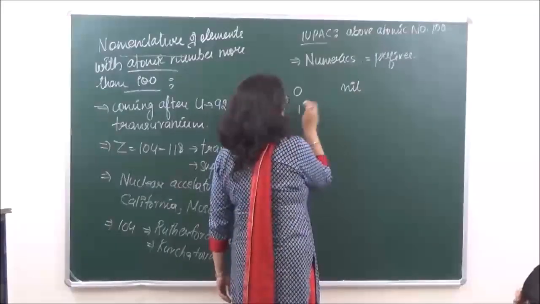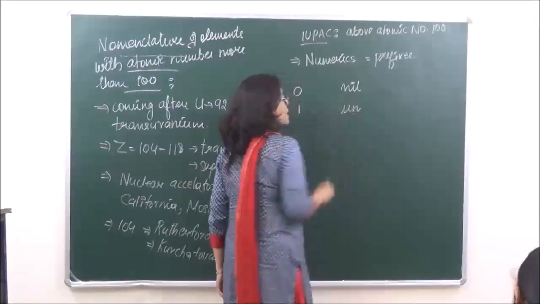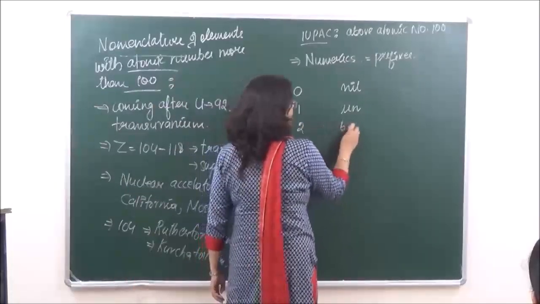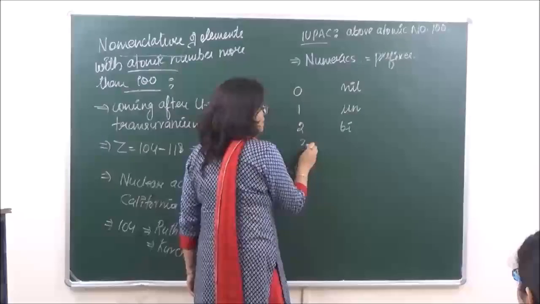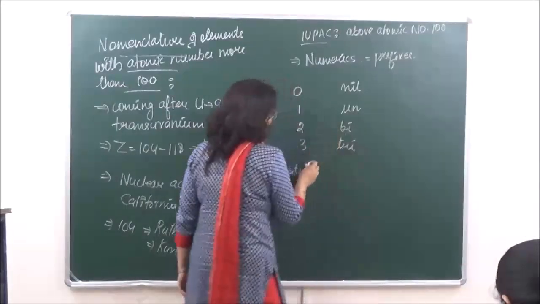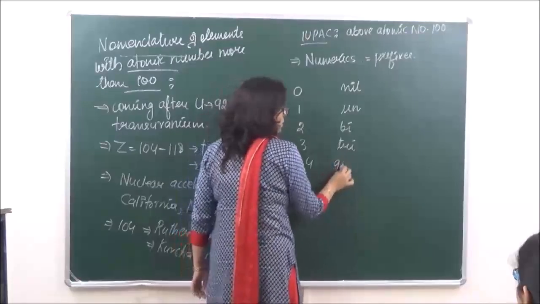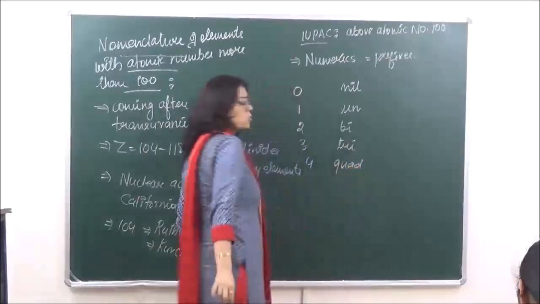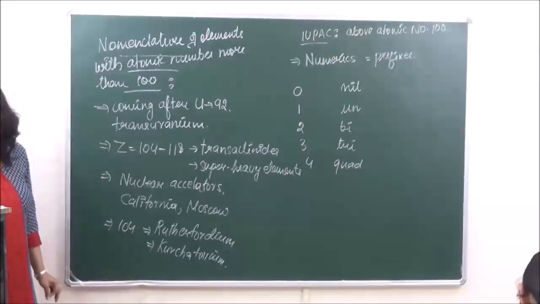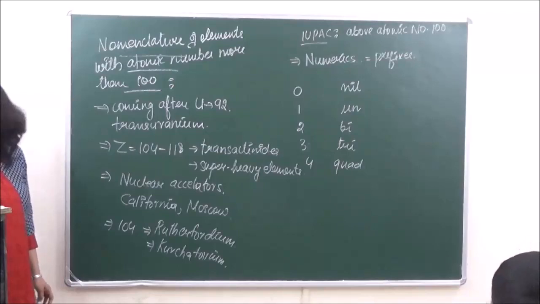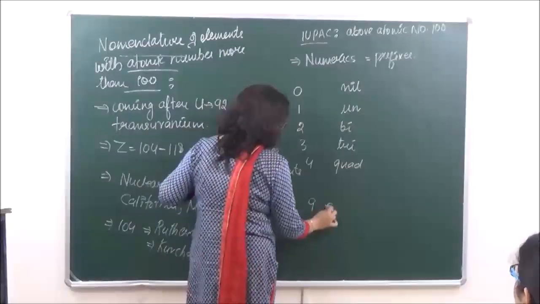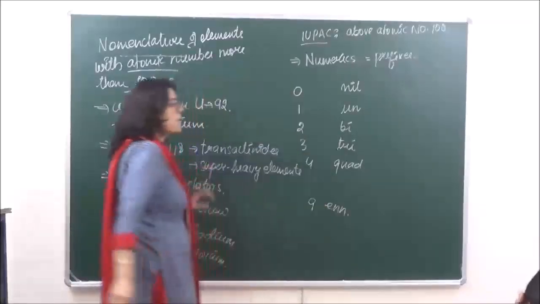If the digit was 1, the name given was un. If the digit was 2, the name given was bi. If the digit was 3, the name given was tri. If the digit was 4, the name given was quad, then pent, hex, sept, oct, and for 9, the name given was enn.